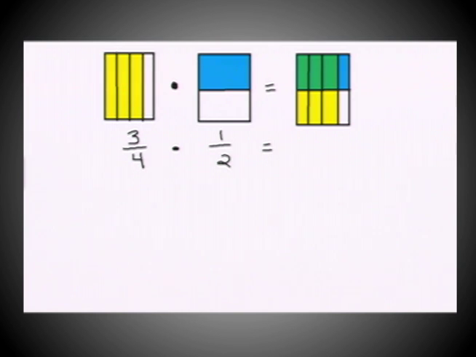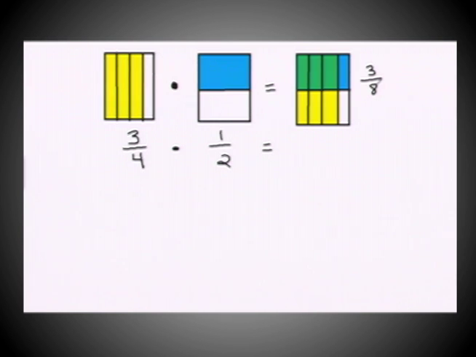So if we count this up, we have 1, 2, 3 green pieces, and we have 8 pieces in the whole now because we had 4 to begin with, and then we came back and cut the other way to make 8 pieces in that same size whole, of which we have 3 where they overlap. So this is representative of having 3/8.